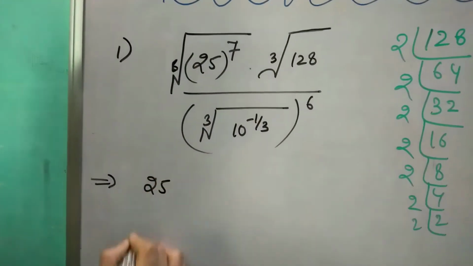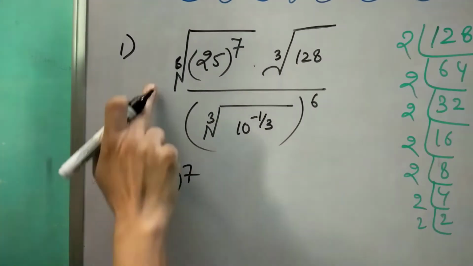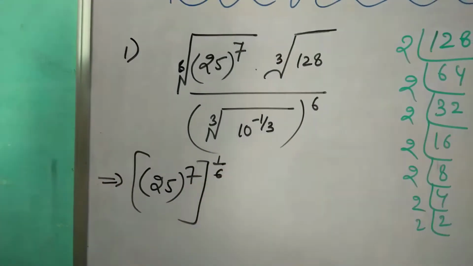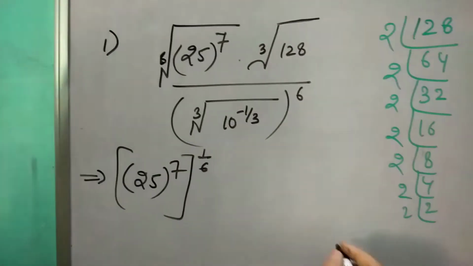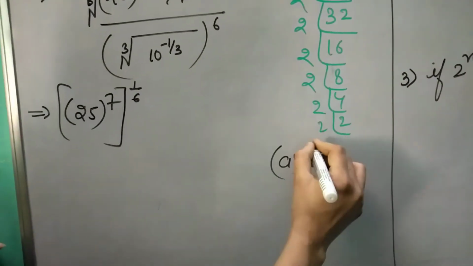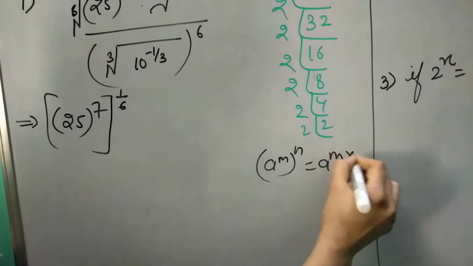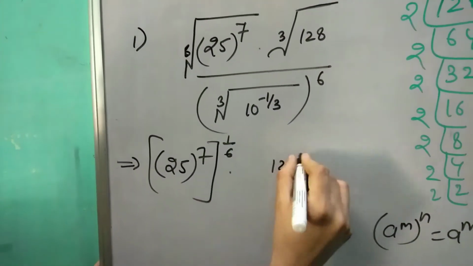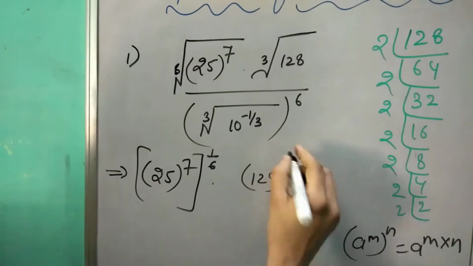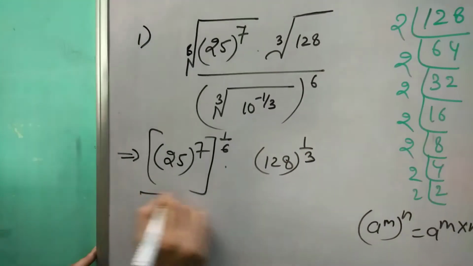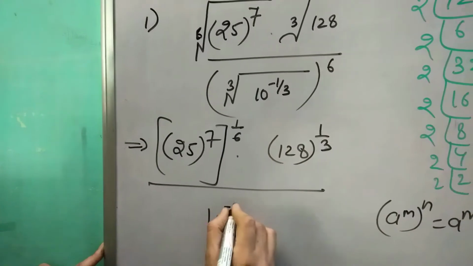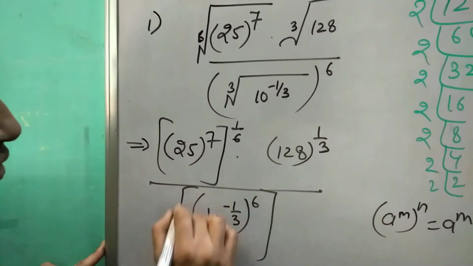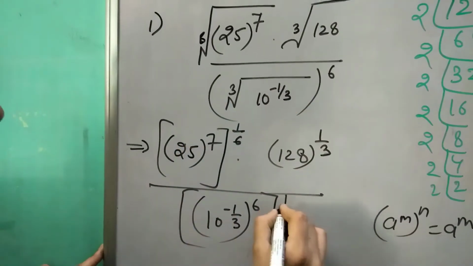25 to the power 7, and this is under the root, we can write as 1/6 in the multiplication, because the law of exponent says (a^m)^n is a^(m×n). Here we have 128 to the power 1/3 and 10 to the power minus 1/3, whole power 6, and again the power 1/3.